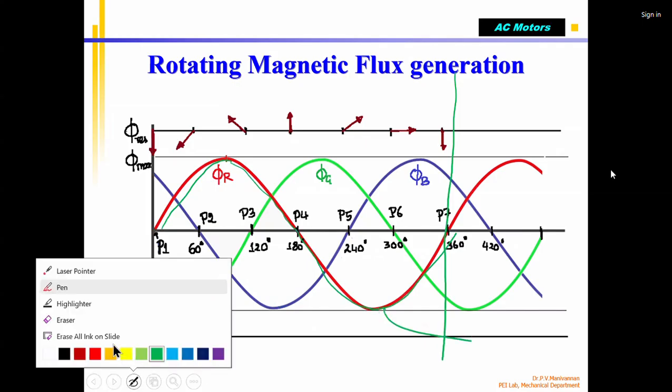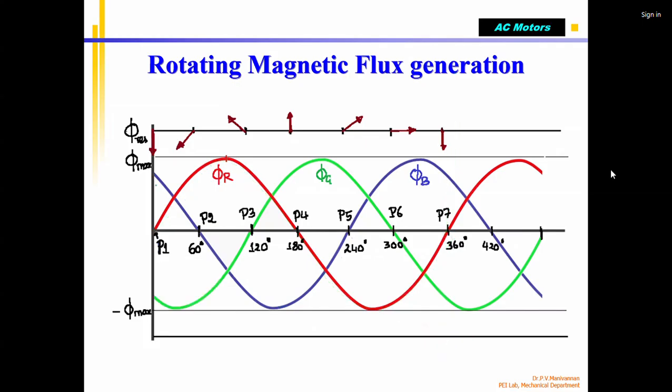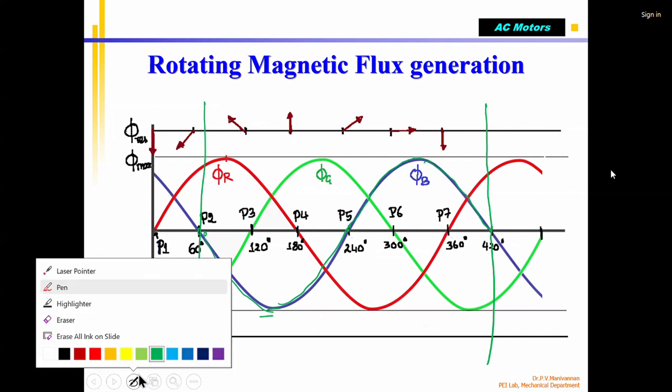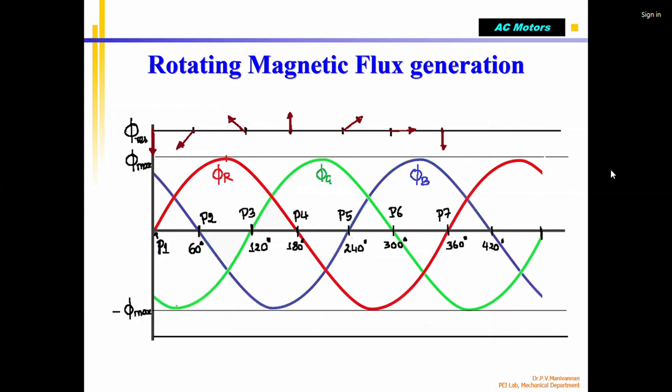Similarly, if I talk about the blue phase, I can start from here for understanding purposes. This is 0, and it goes to minus maximum, back to 0, plus maximum, and again it ends. So this is one cycle of the blue phase. Similarly, the green phase also has one cycle, from one max to the same.